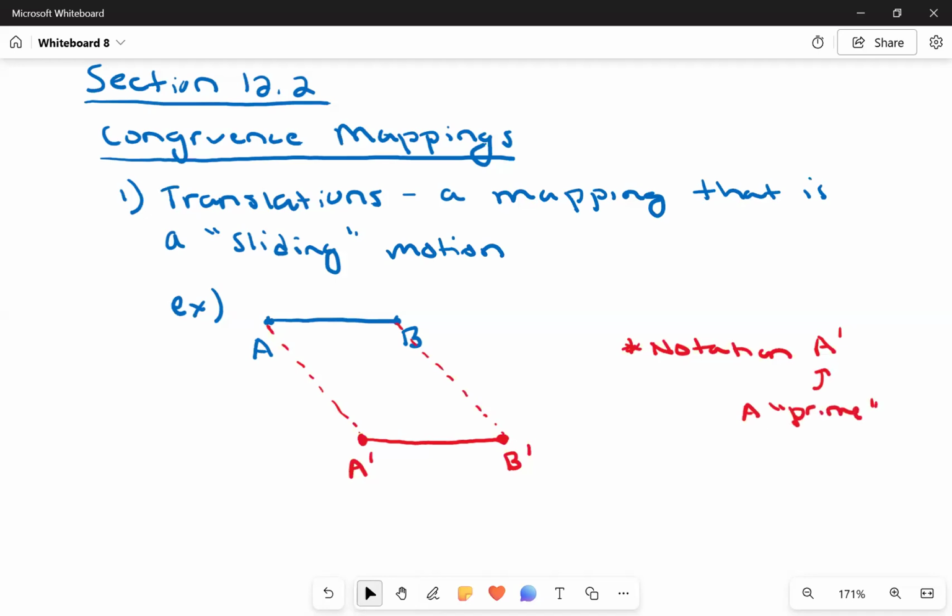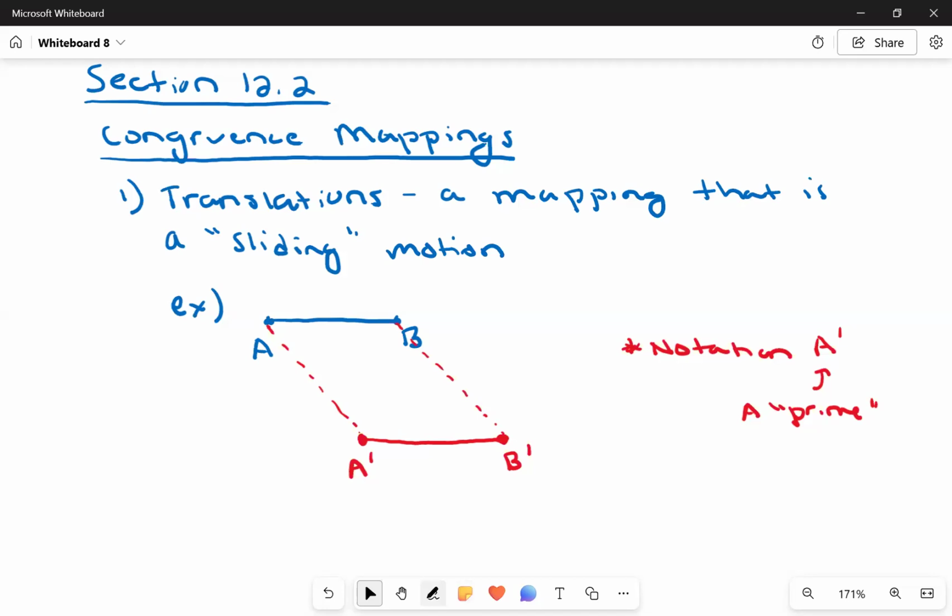So in math, we use that little marker to indicate something that is connected to something we called A. So it's supposed to be that we're connecting it to the original AB line segment by referring to it as A prime, B prime. So we understand that what we have done is taken line segment AB and moved it. And by moving it, we've changed its location, so we gave it a new name. That is how we can use some notation to show the sliding motion.